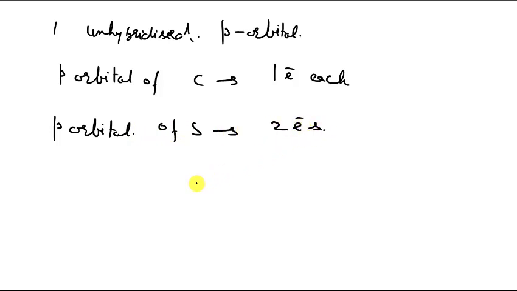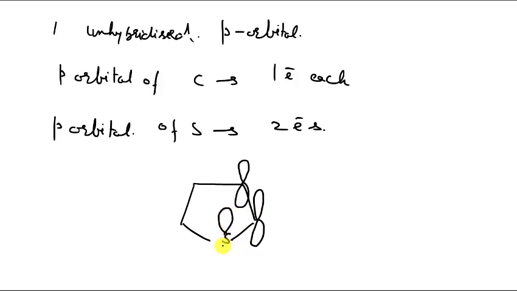Now if I have to represent this, I will not show the carbon atoms, I will just write like this. They have these unhybridized p orbitals. The orbitals on carbon contain 1 electron, whereas sulfur has two electrons, and they overlap parallelly to make molecular orbitals, and these electrons are delocalized in these orbitals.